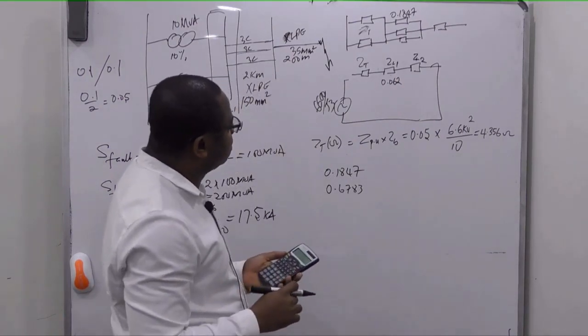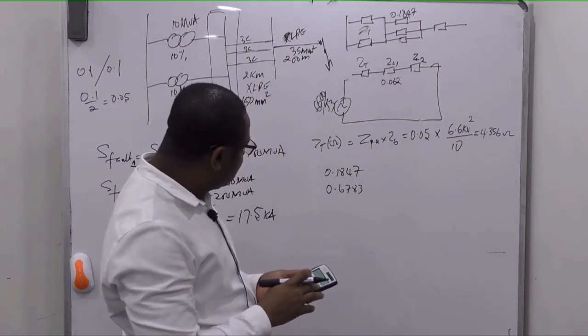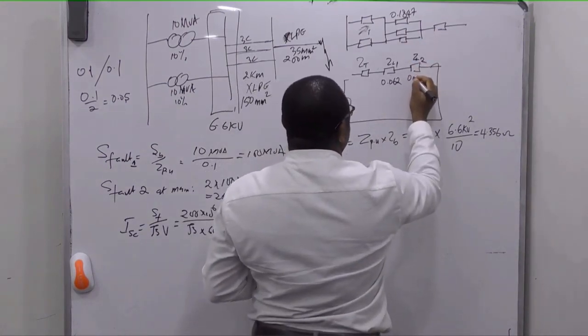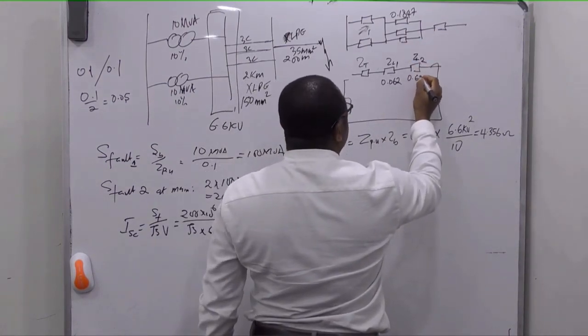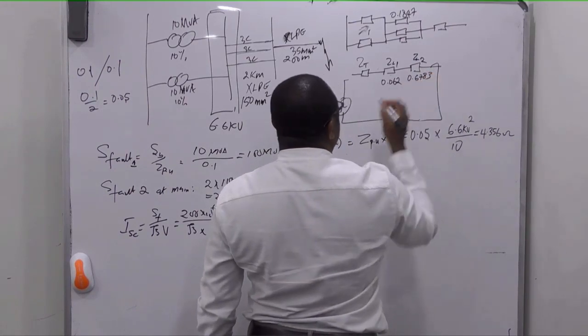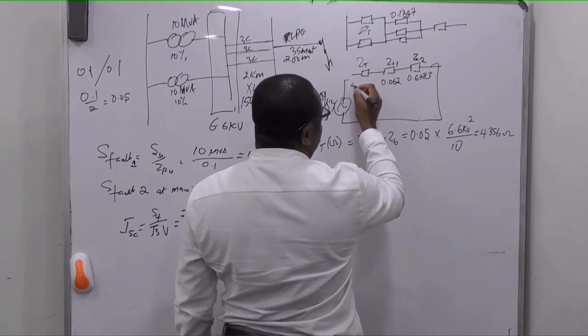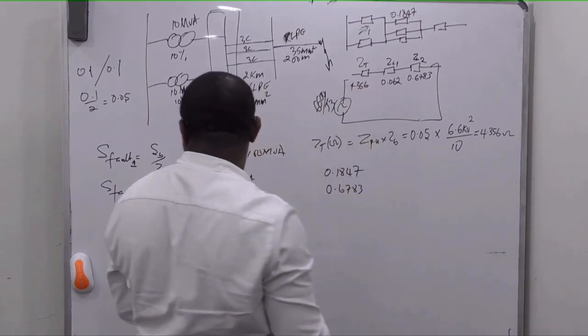Okay. Then also, this is the impedance of that, 0.6783. And then here is 4.356. Just to make sure this is okay.